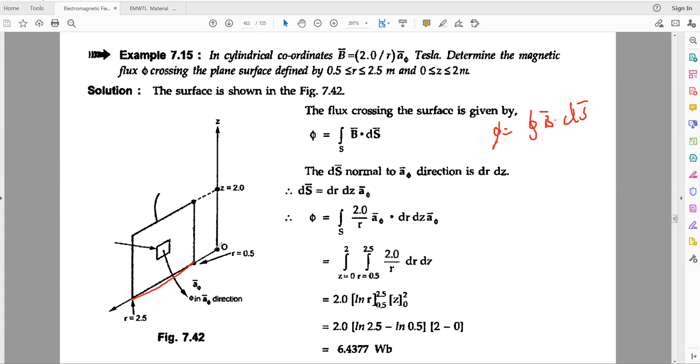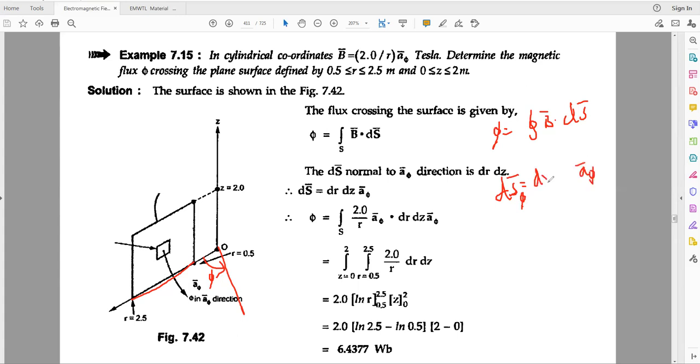And this is the phi direction because it's a cylindrical coordinate system. Phi is a plane of the x, z plane, till the xz plane, the 2 pi. So dS bar is in the phi direction, normal to the phi direction.